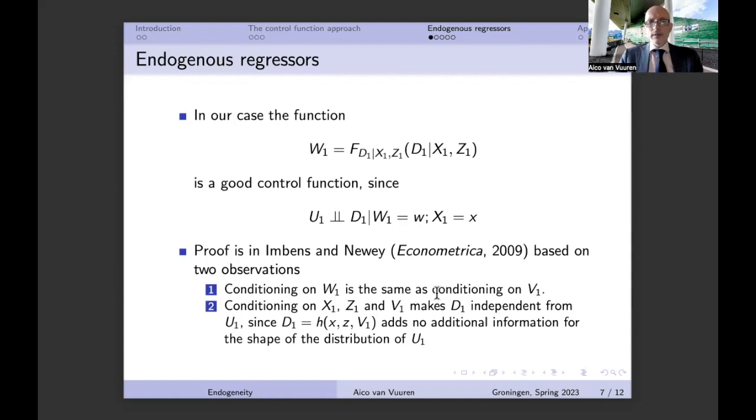That means that if we would like to condition on V1, then apart from using V1, we could also use this W1. And conditioning on V1 is very useful, because the moment we condition on V1, we immediately solve the endogeneity problem.